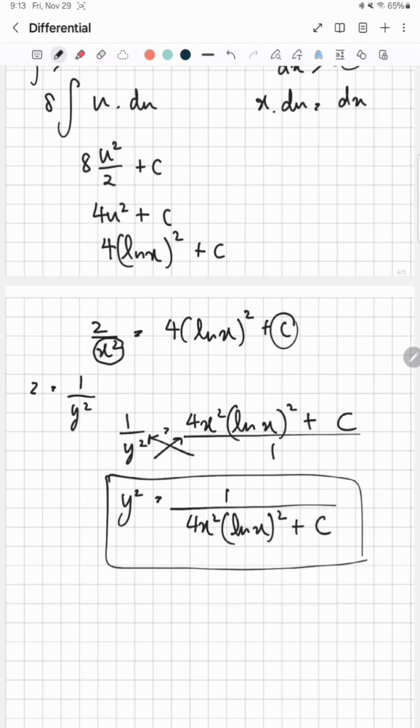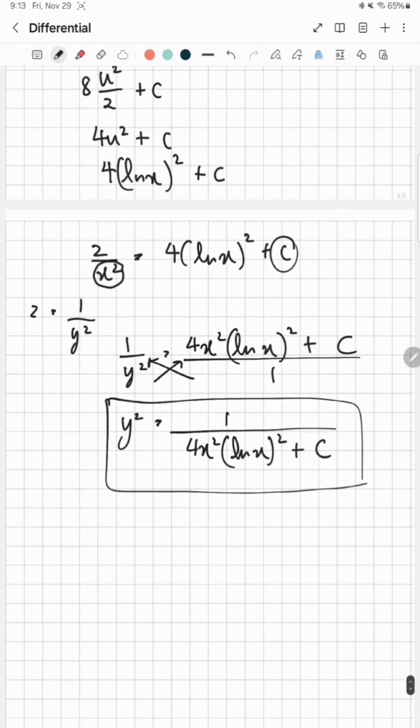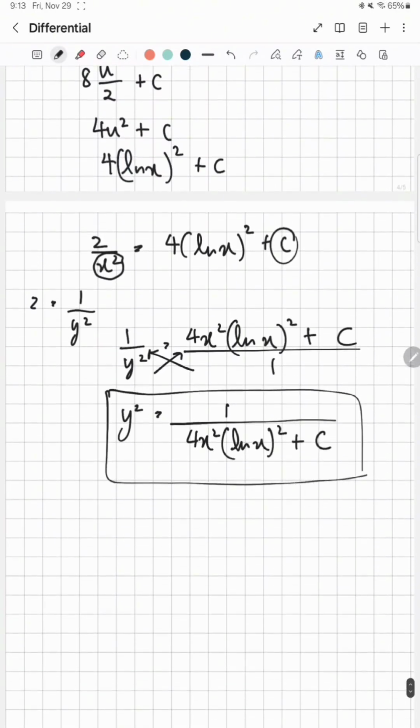Or if you feel like you want to write c into x squared as c x squared, you can do that too. So you can write 1 over y squared equals 4x squared (ln x) squared plus c x squared.